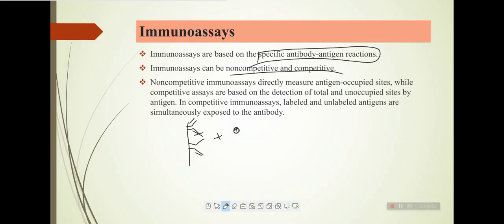See, this is unlabeled antigen and this is labeled antigen.